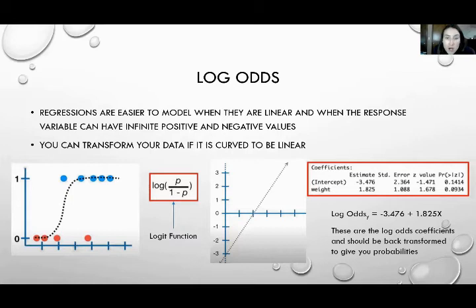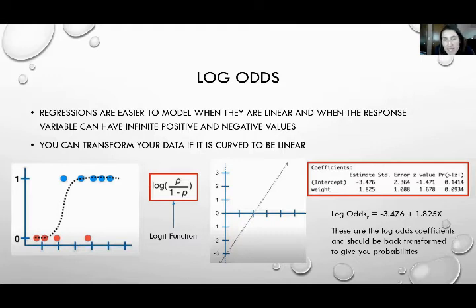So the log odds of our y value, our response variable, equals negative 3.476, that's our intercept, plus 1.825, that's our slope, times x. In the example we're talking about, for depth to groundwater, x would be the depth to groundwater in meters.